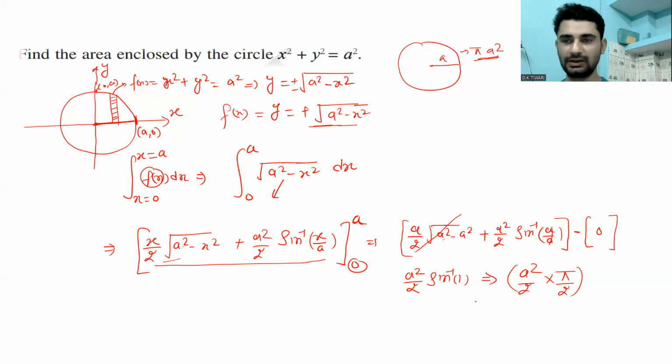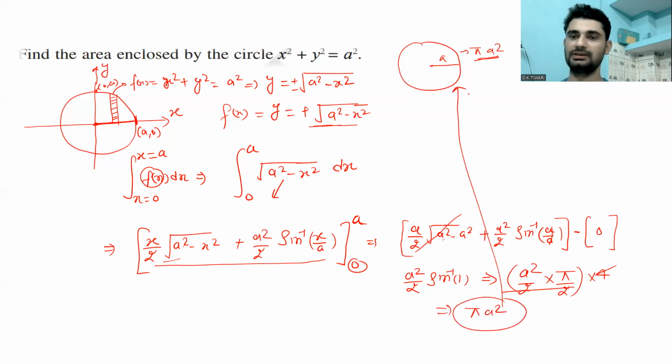In order to find the complete area, we just multiply with 4. So this 4 will cancel out with this 4, and the answer will be pi a square. That is nothing but this. Okay, got it?